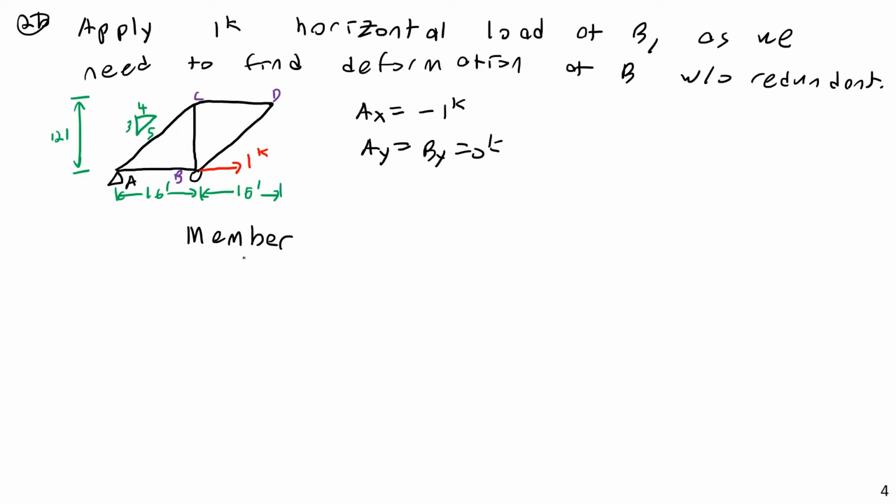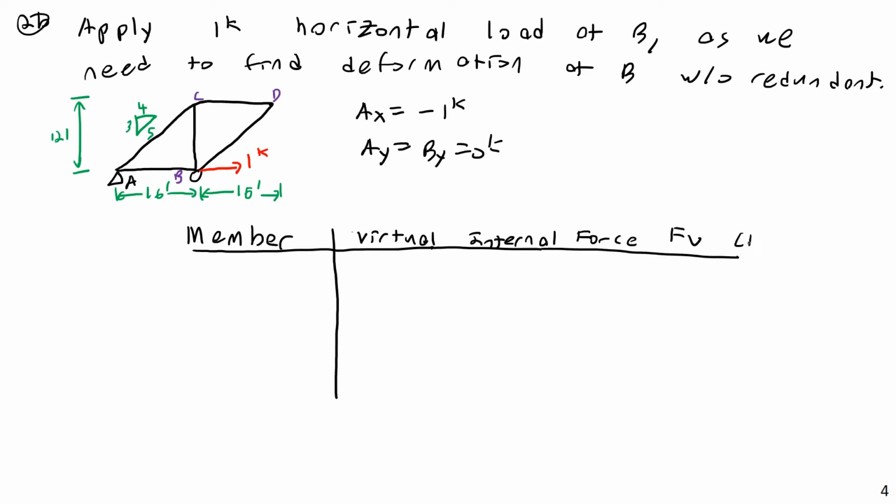And you can do this using the method of joints or method of sections, whatever your preferred method is. And so here, member and then virtual member force, internal force, and this is our FV.